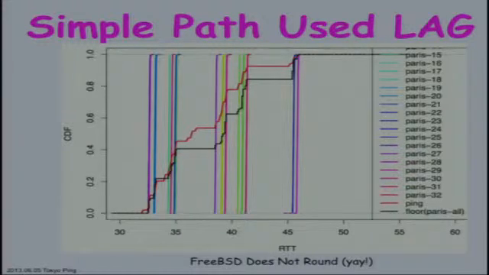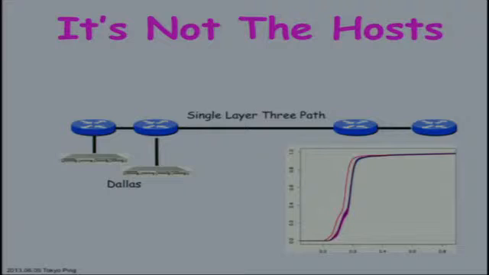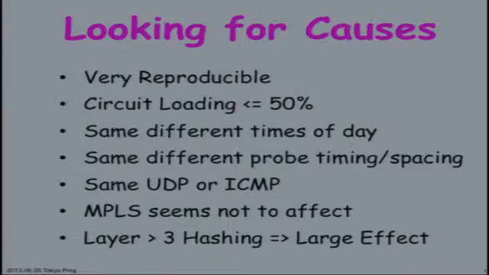We're still digging, except I'm traveling. Some of the digs we did, it's not the host. We measured across here, looks dull and normal. So it's not the hosts, it's not the simple routers, et cetera. It's that path. It is very reproducible.